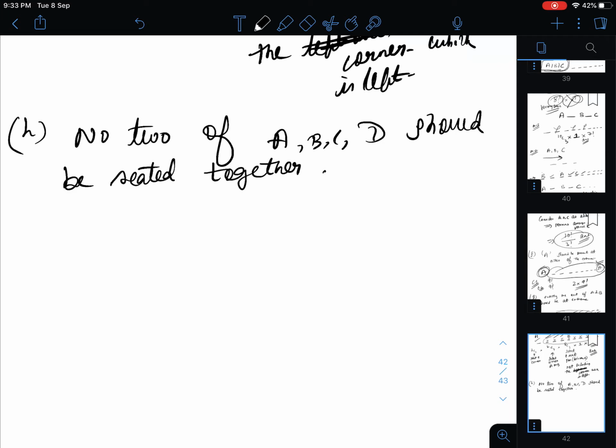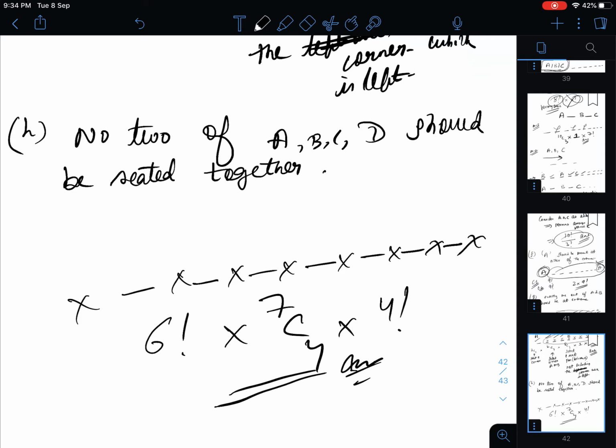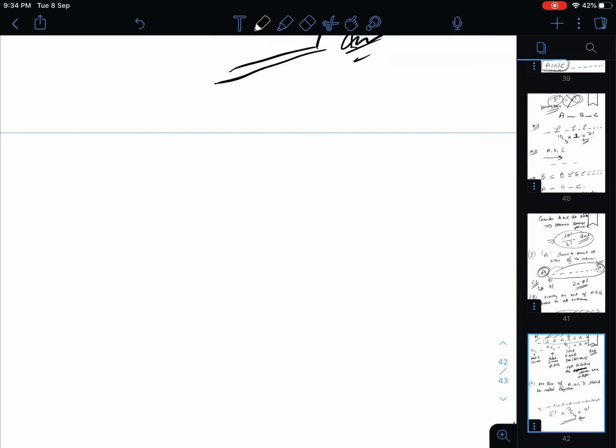You see, first of all, separate these 6 people who are left and arrange them in 6 factorial ways. There are 7 gaps, select 4 and arrange A, B, C, D in 4 factorial ways in those gaps. This is your answer.